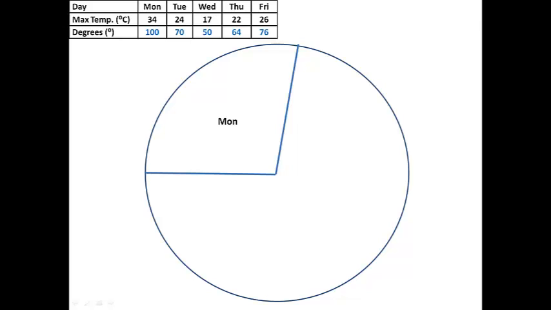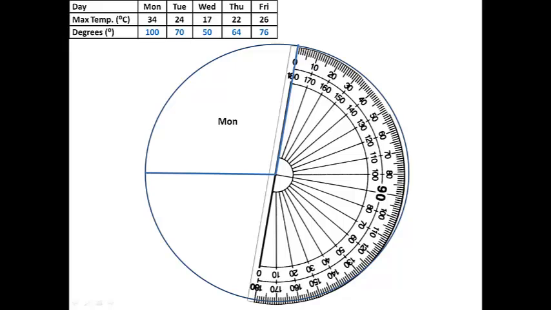Let's complete the slice for Tuesday. Tuesday is equal to 70 degrees. Notice now how I place my protractor. Again, the center of the protractor lies directly on the center of the circle. Notice that the line that I've just drawn for Monday is now where my north point is.